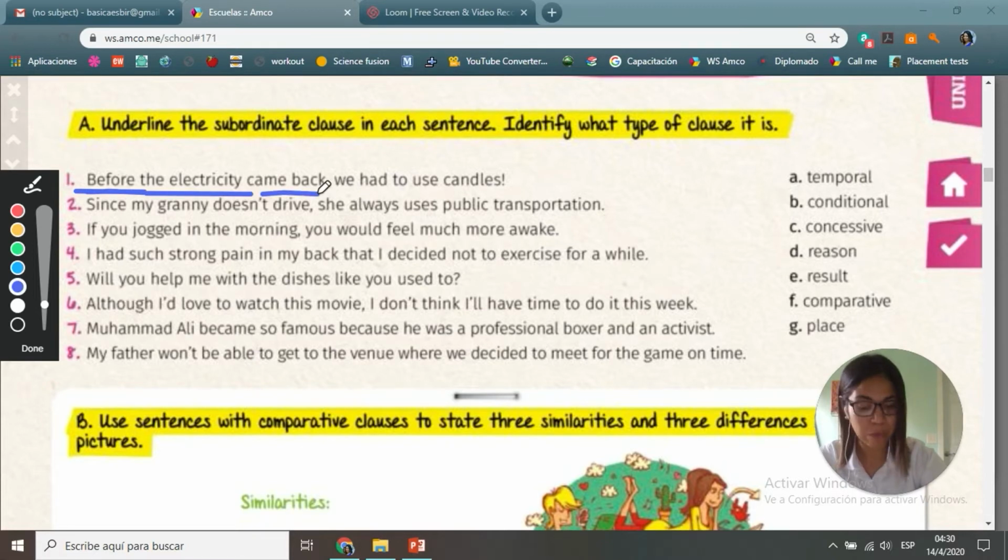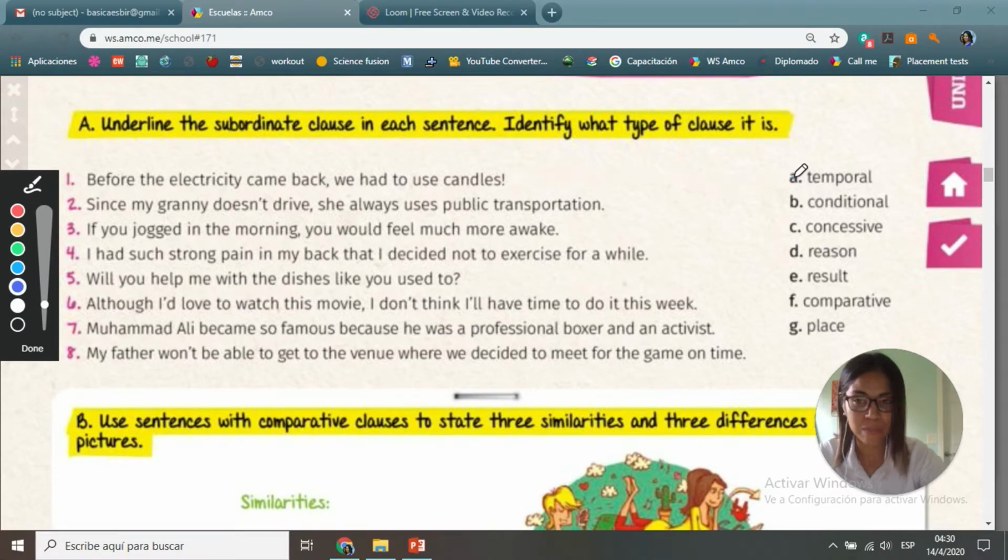And what type of clause is this? If you have your index cards, like these ones that I did with the type of clause, and then at the back I wrote the subordinate conjunctions, you're going to see that before is a type of temporal clause. So that's the answer for number 1.